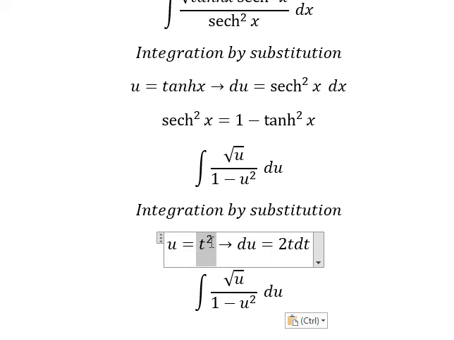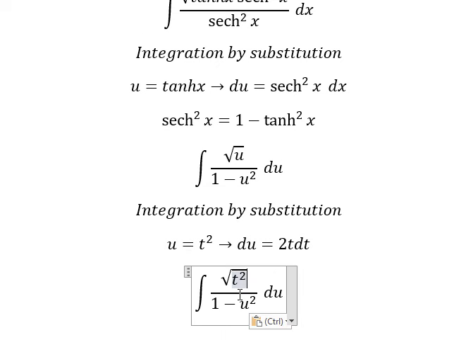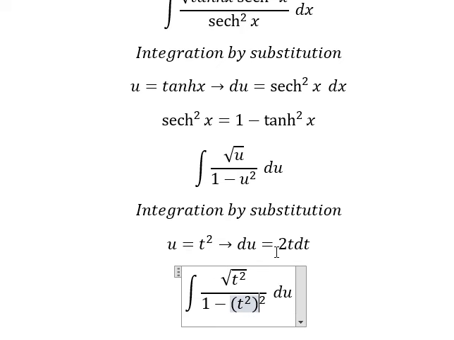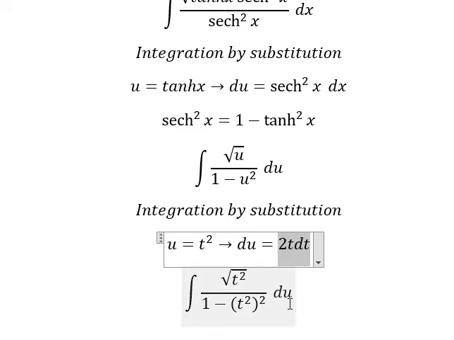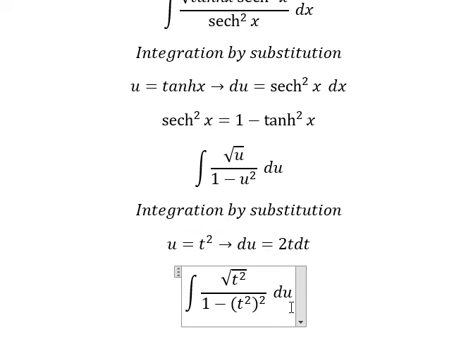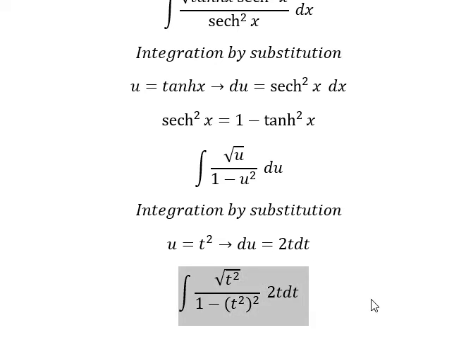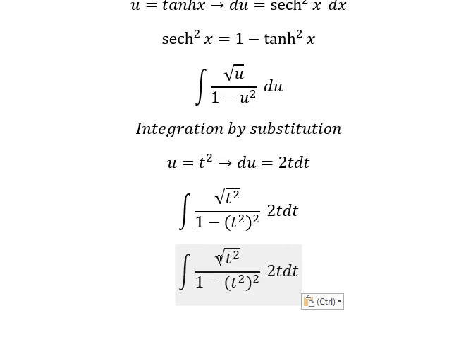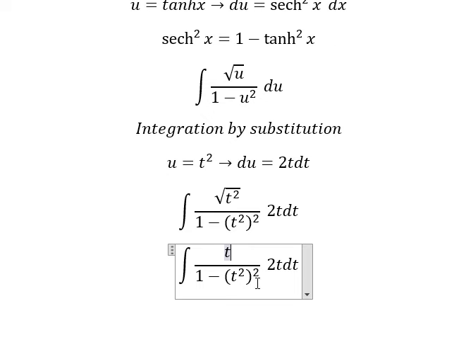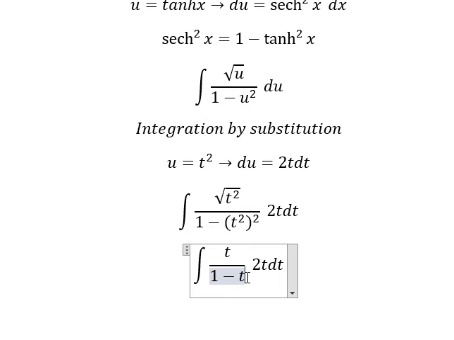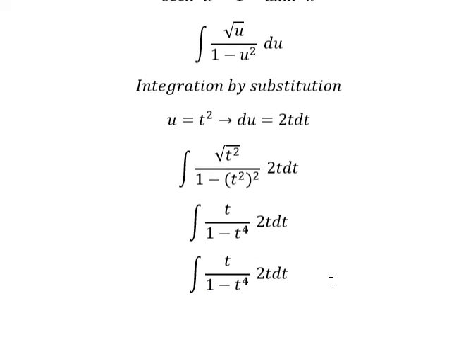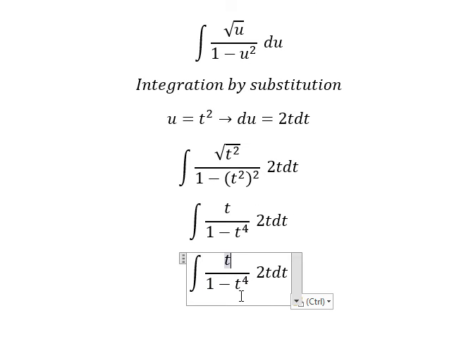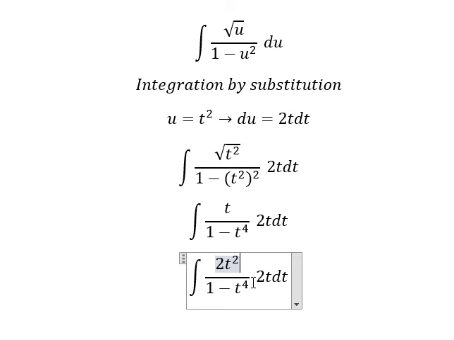So I will put this one going here, this one going here. The u is this one. This one is t. This one we have t to the power of 4. So 2t with t we have 2t squared.